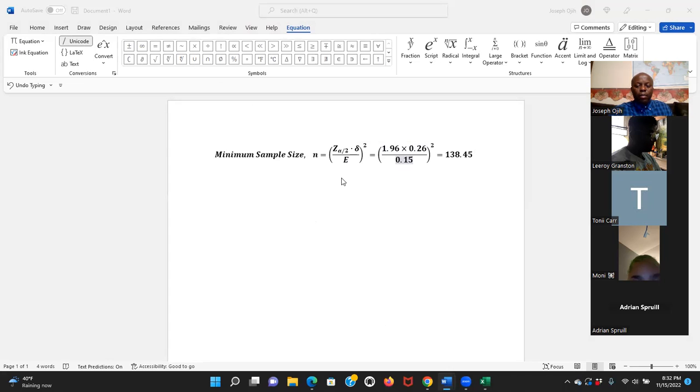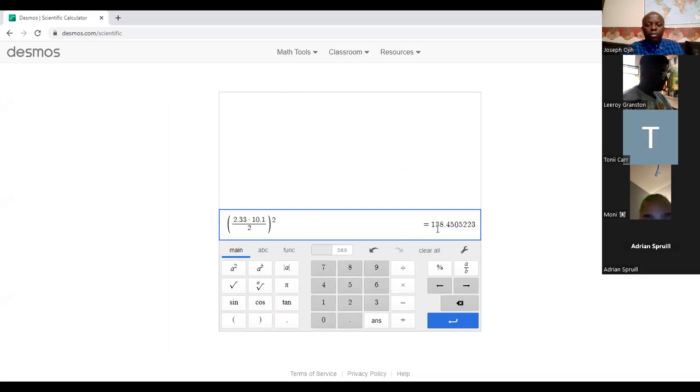Let me go to the calculator. I'm going to clear this. I have 1.96 over 0.15, times standard deviation of 0.26. Close it.